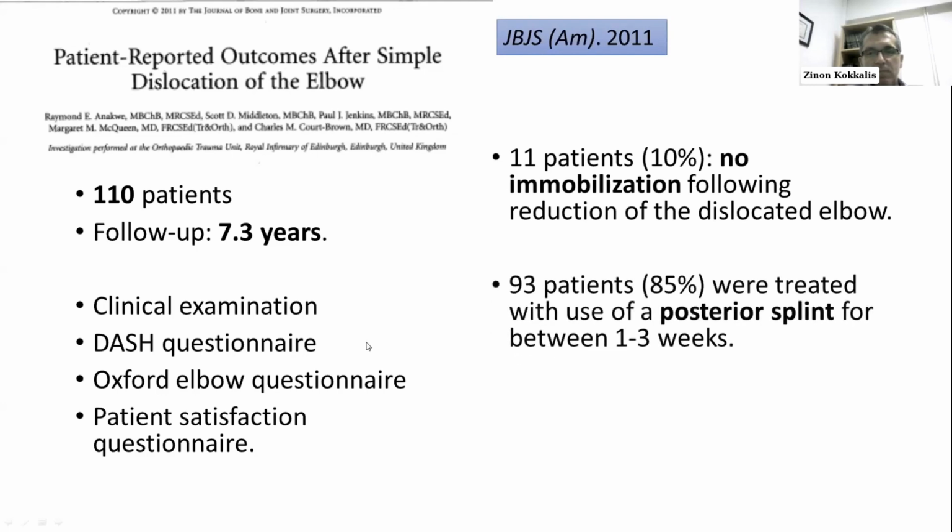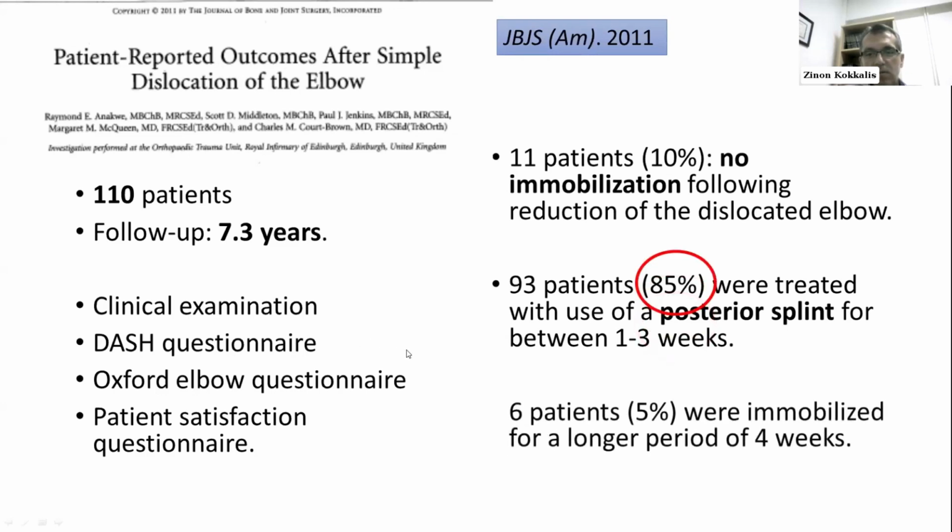In this study, 80% of the patients were treated with a posterior splint for 1 to 3 weeks. Only 10% used no mobilization, and 5% were mobilized for a longer period of 4 weeks.